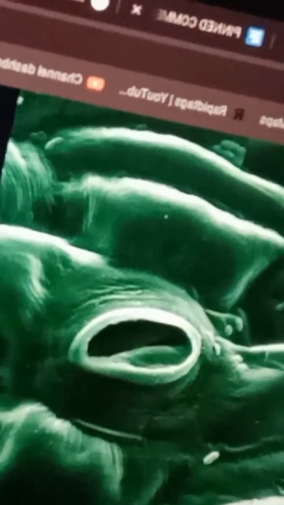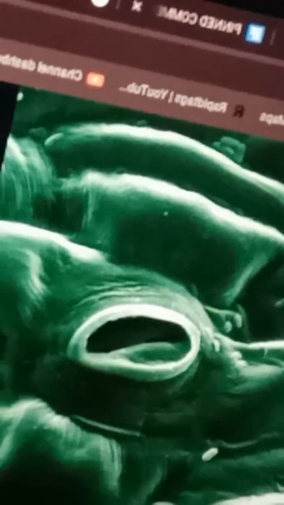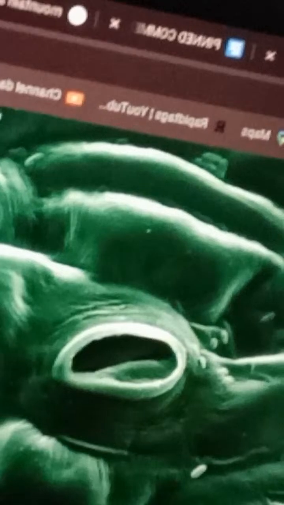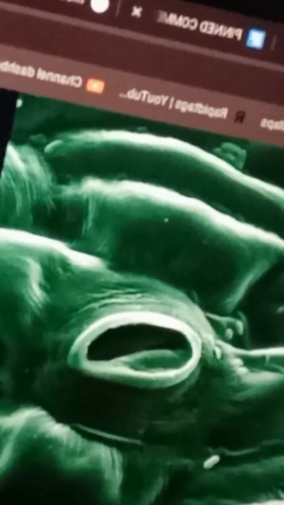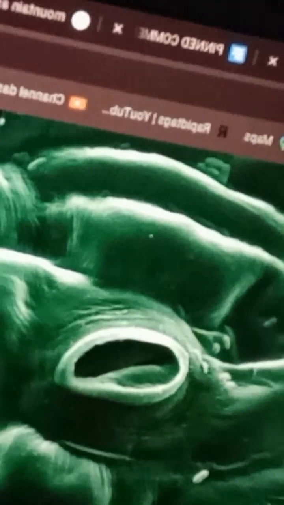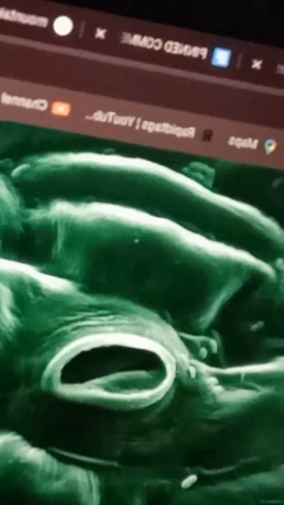And that is where the air from the plant comes in and out. So that's what lets the carbon dioxide in and the other gases out. And they dot the leaf. Like there will be several of them.